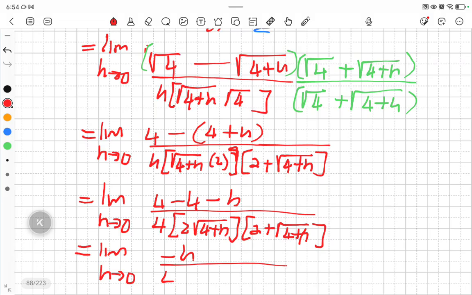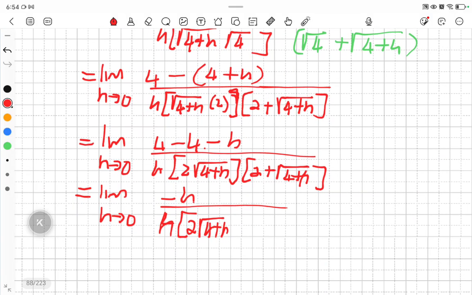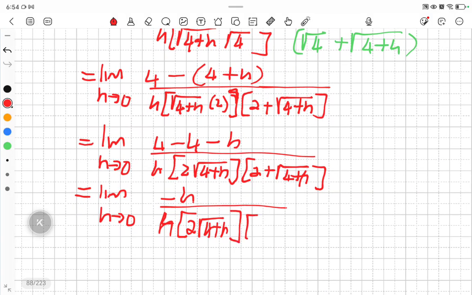Is it 4 here or h? I wrote 4 by mistake. Here it's h. Then the h would cancel.